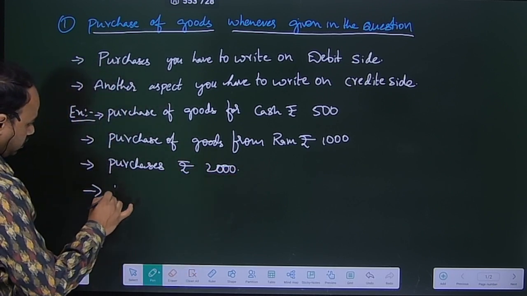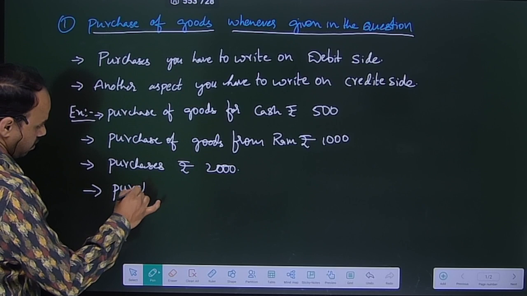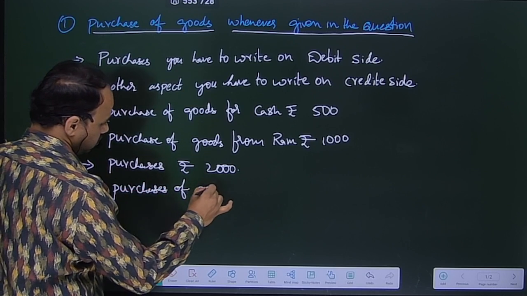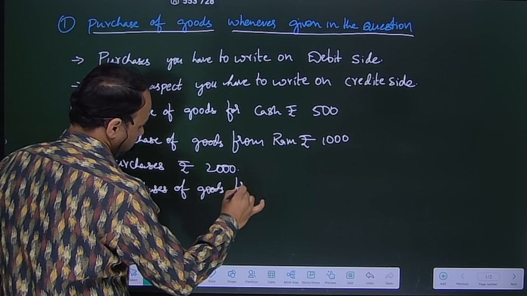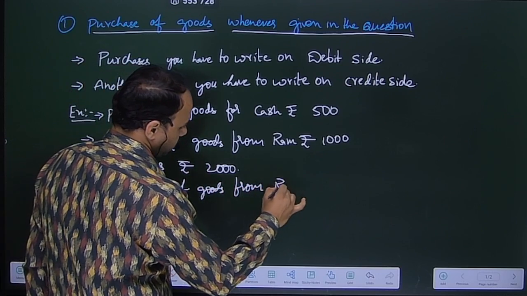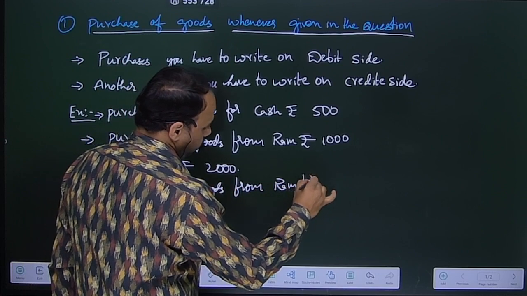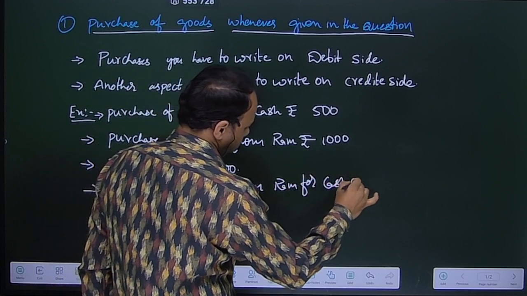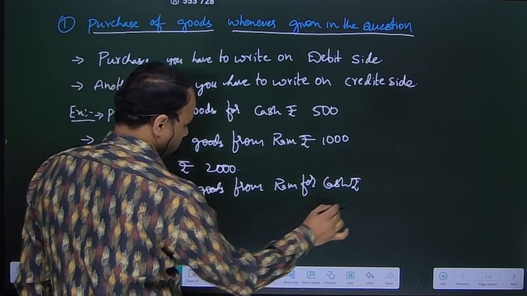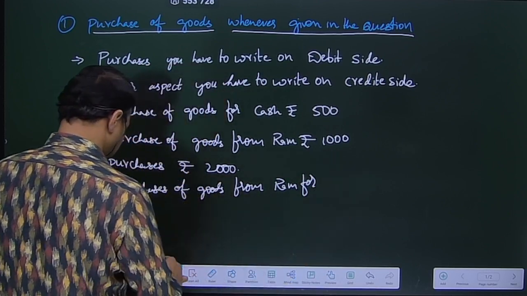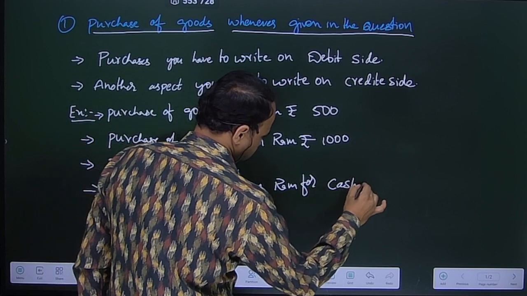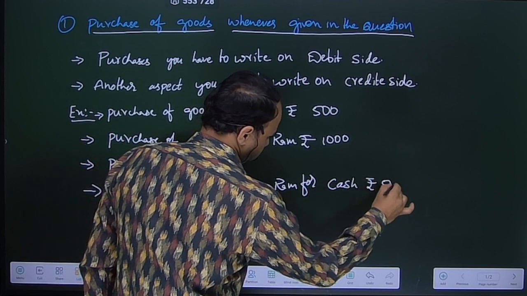One more transaction: purchase of goods from Ram for cash, rupees 5000.